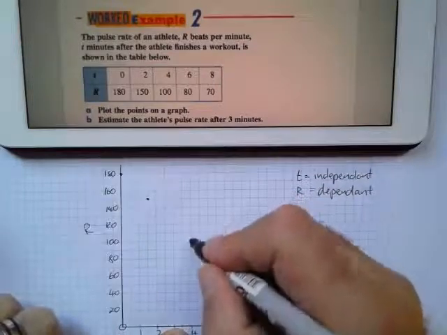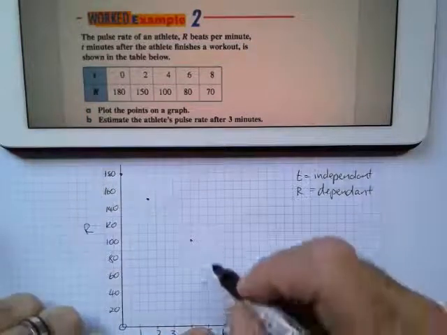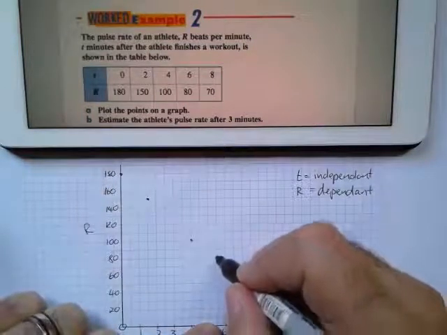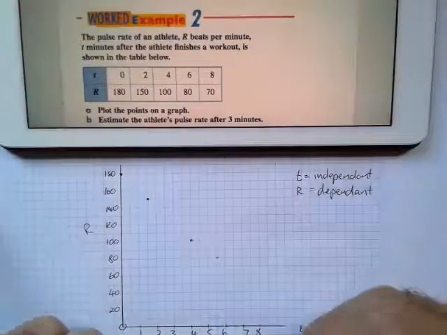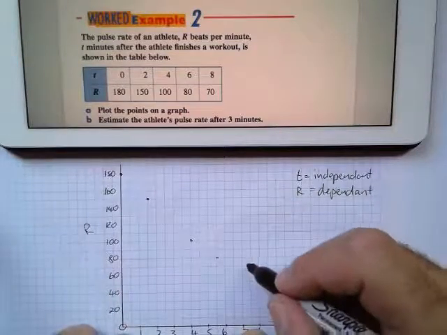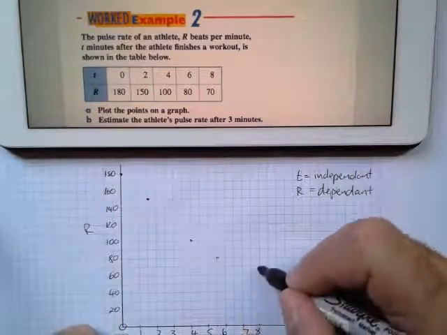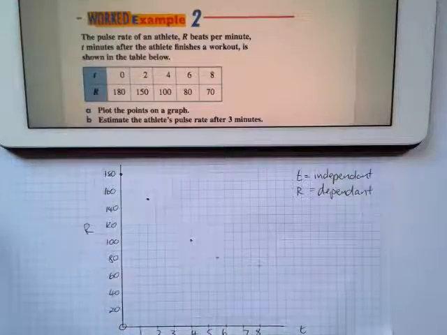When time is 6, this is 80. And when time is 8, this is 70. And that's how my graph looks.